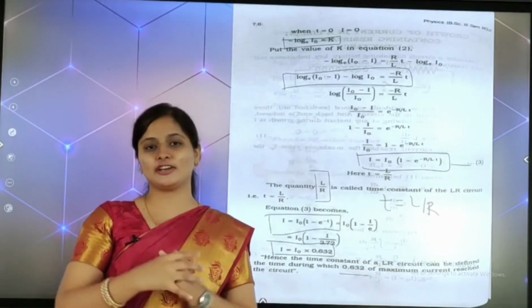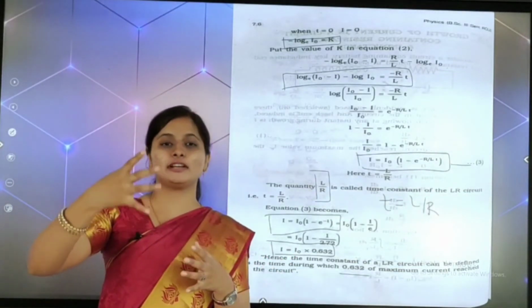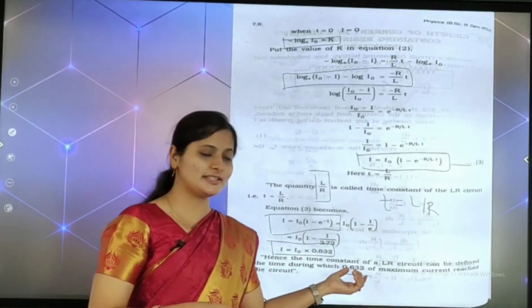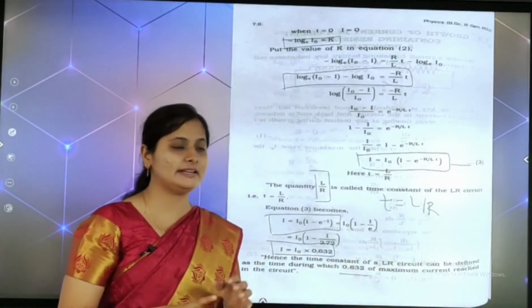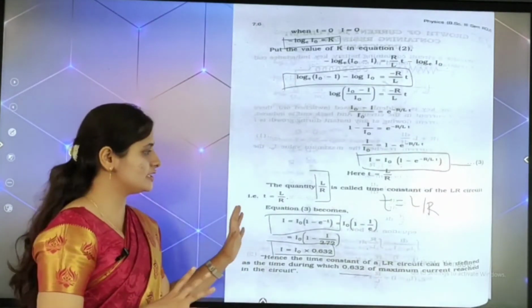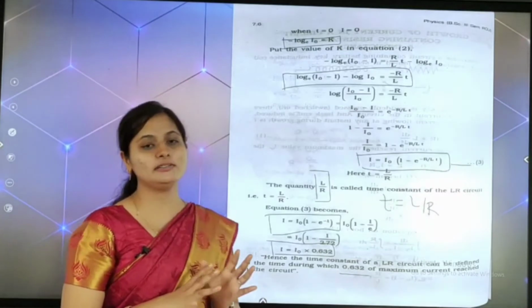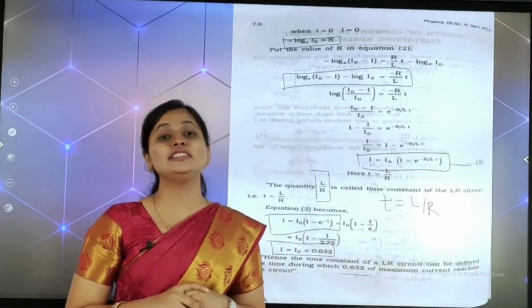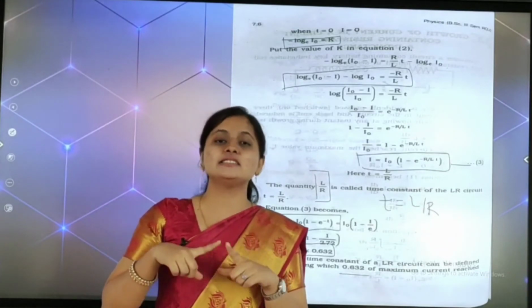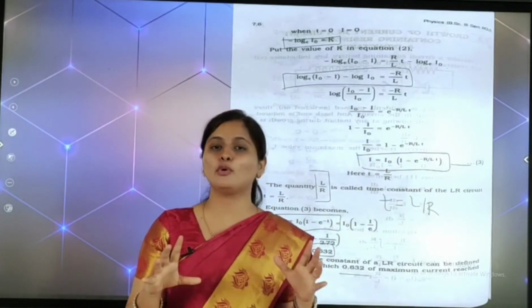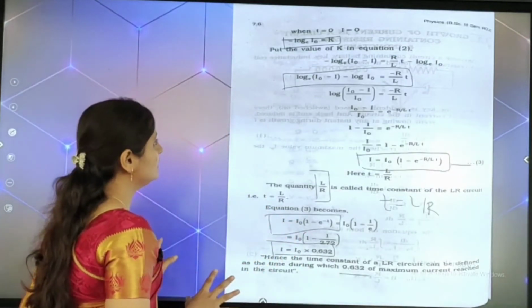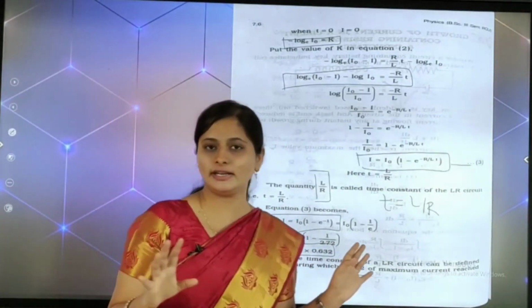So how much growth of current takes place at that time? 0.632 of the maximum current is reached in the circuit. This is the conclusion. This is the growth of current in an RL circuit, where R means resistance and L means inductance, both connected in series. With this we completed our derivation.